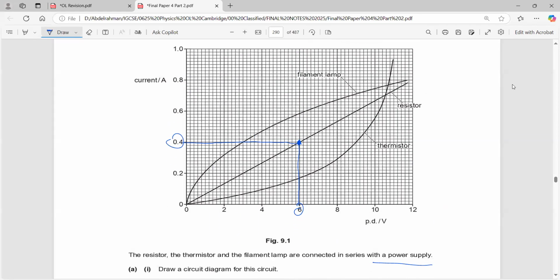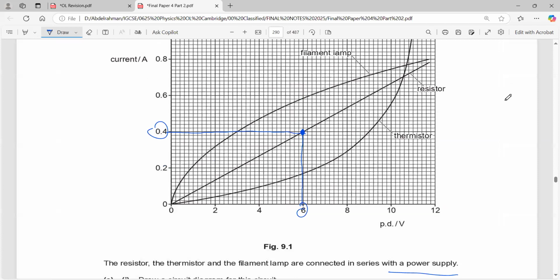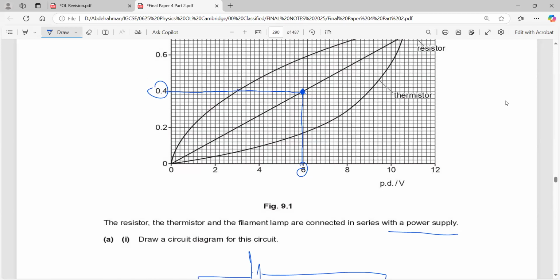So from this graph, you need to check out the current when it was 0.4 amperes, at this point and then at this point. Can you see these 2 points? The filament lamp would have a voltage of 3 volts, and the thermistor would have a voltage of 9 volts.